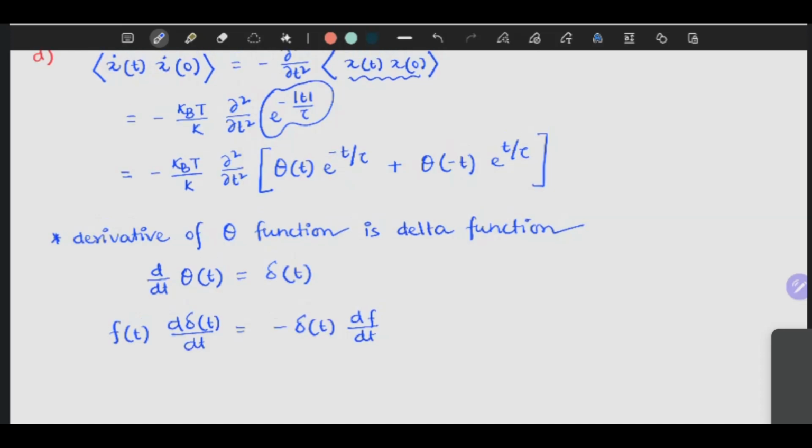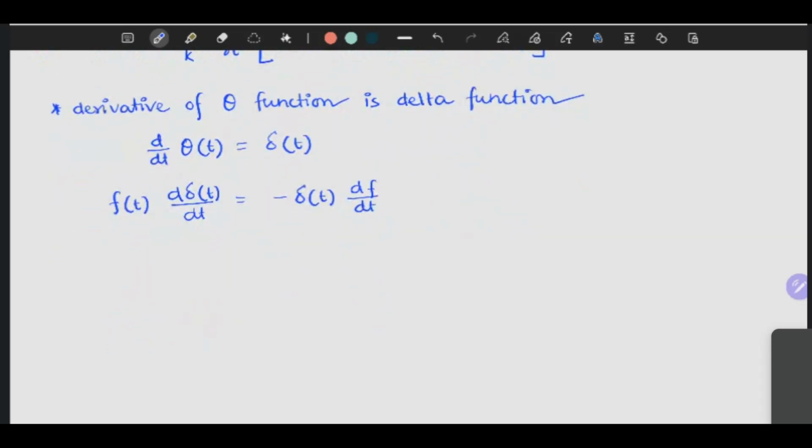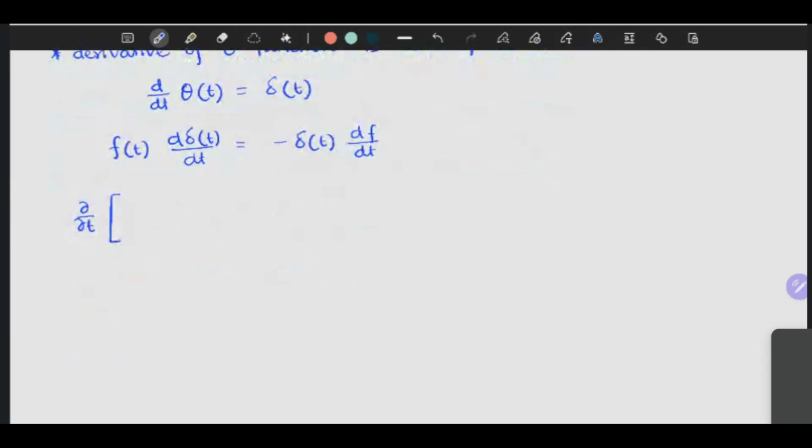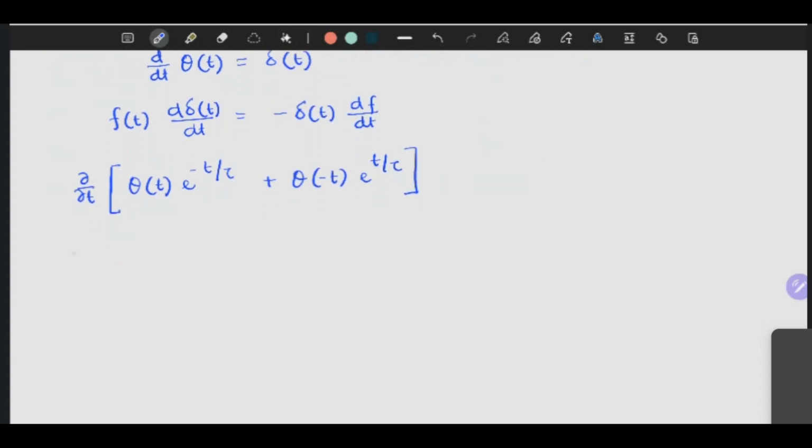Okay, so now use this thing. So for the first thing, d by dt of theta t e to the power minus t by tau plus theta of minus t e to the power t by tau. So for first thing, this will be delta t e to the power minus t by tau, and this will be delta.